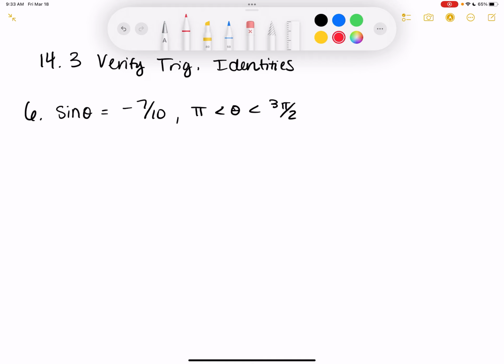Okay, what quadrant is this? Quadrant 3. So I have sine, and I'm going to find cosine by using sine squared plus cosine squared equal to 1.